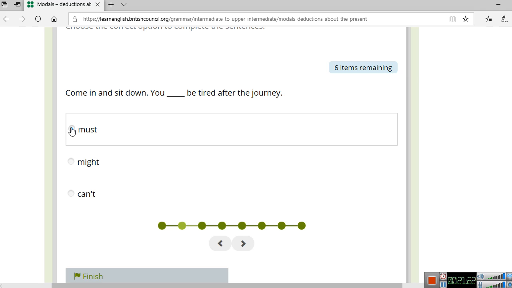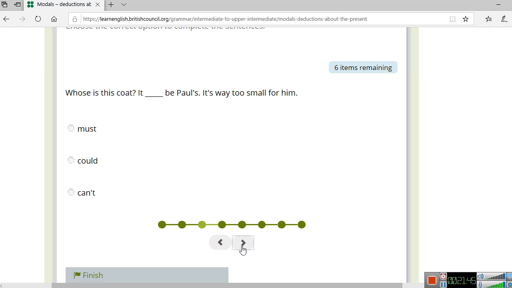I think it has the 100% of the possibility because he is very tired after the journey. Yeah, because he had a journey. So most of the time, we feel tired after having journeys. Very well. That's a very valid reason.